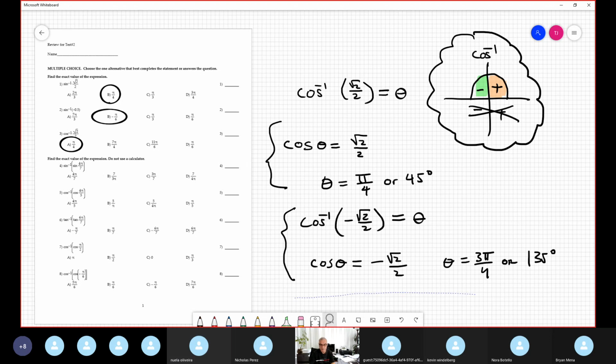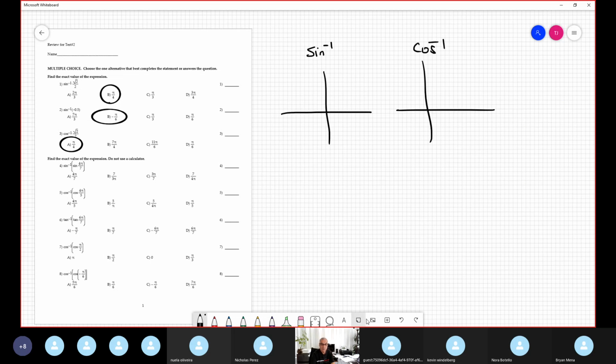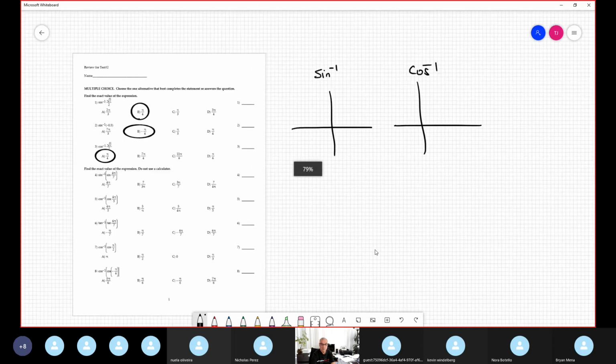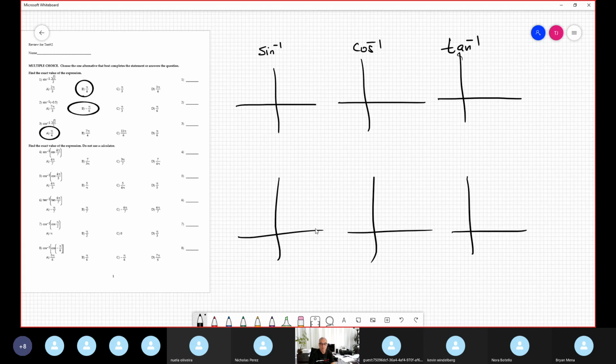The idea is clear. Look. The restrictions introduced in the inverse functions are: sine inverse, cosine inverse, tangent inverse, cosecant inverse, secant inverse, cotangent inverse.